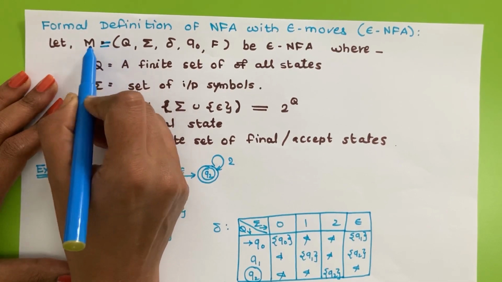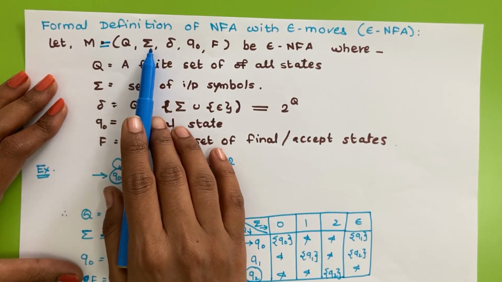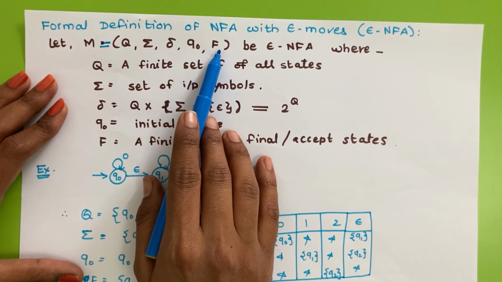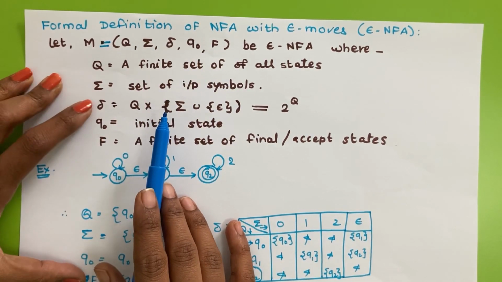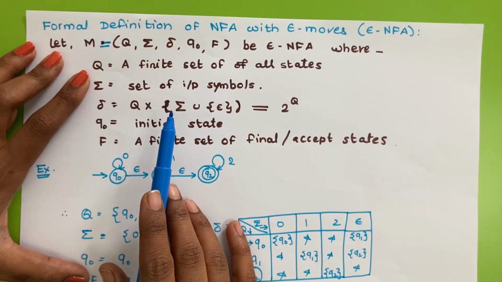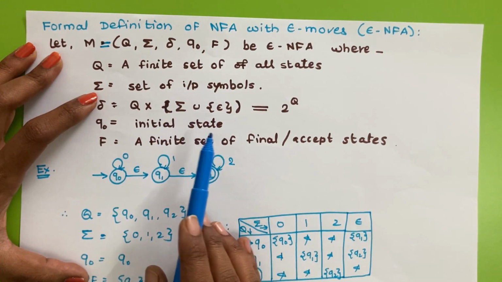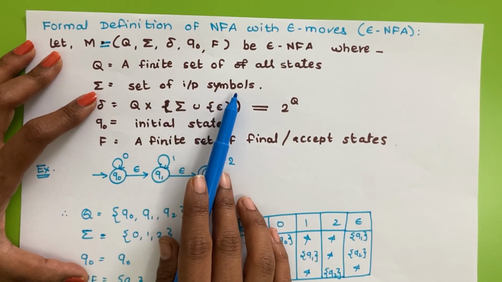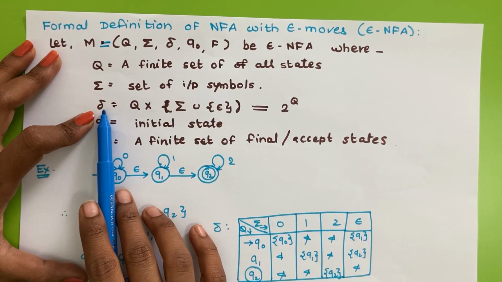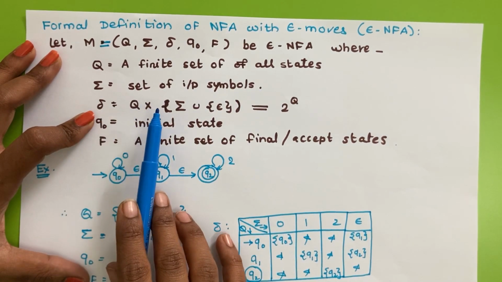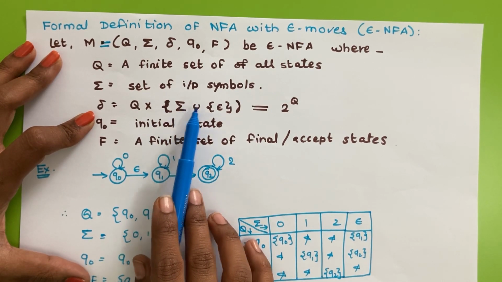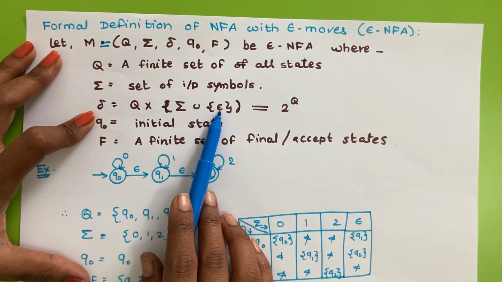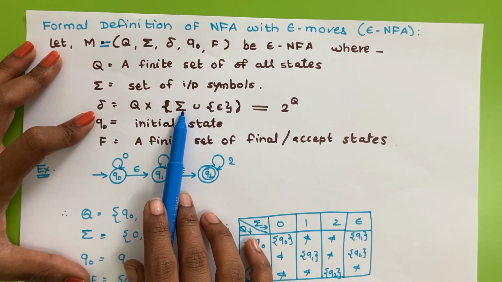M is defined with Q, sigma, delta, Q0 and F. We already know the meanings of all these tuples: Q is the finite set of all states, sigma is a finite set of input symbols, delta is a transition which maps Q to sigma. Here we have explicitly included empty in the set sigma.